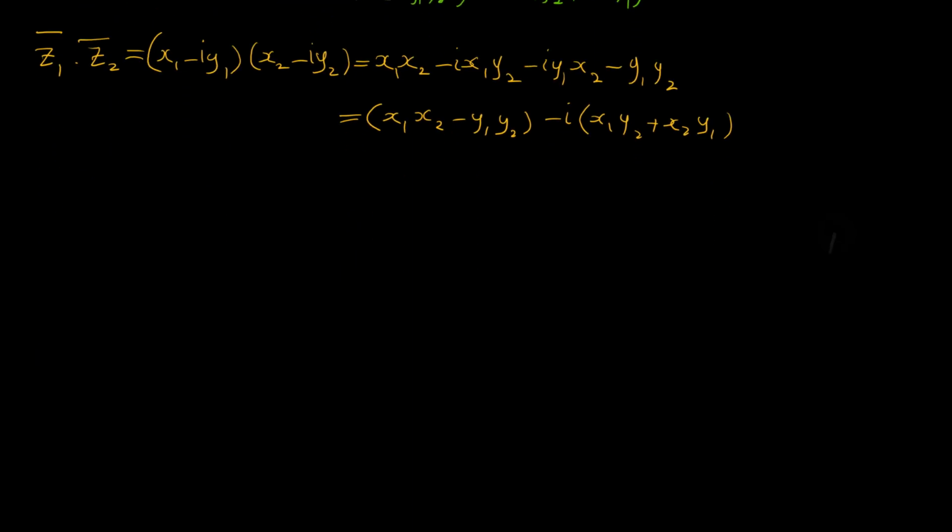Now we want to prove that the conjugate of the division of two complex numbers, z1 divided by z2, is equal to the conjugate of the numerator divided by the conjugate of the denominator.